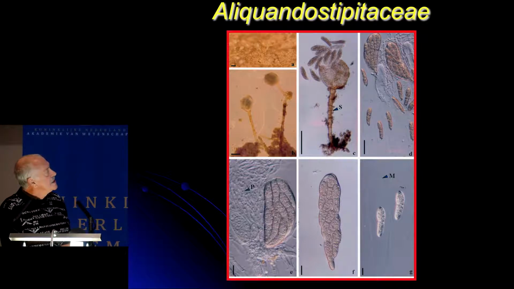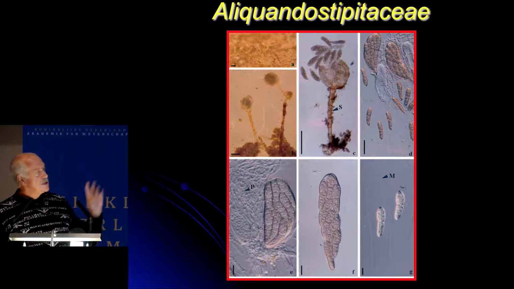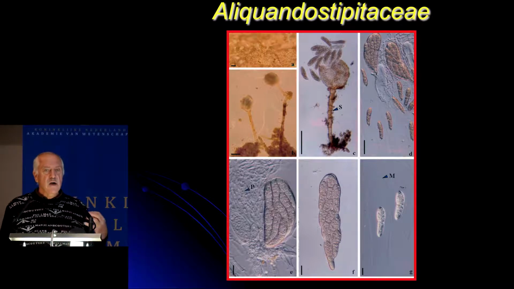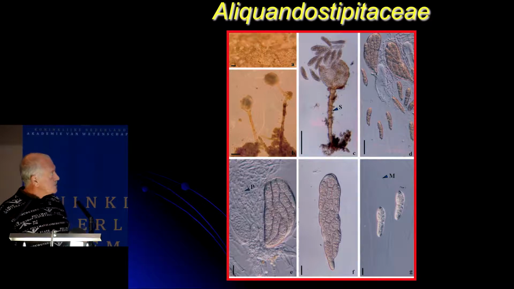These are very unique. This is the ascomata, and it has a long stalk. Now these live in fresh water, and this characteristic is probably so that the ascomata can lie in the fresh water where it releases its spores. So if it has this character, you know it belongs in this family. So there are some families where you can use characters to place the fungi.